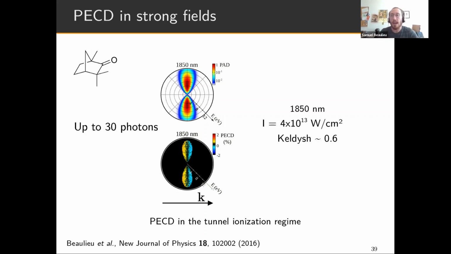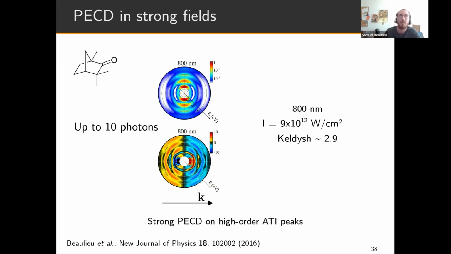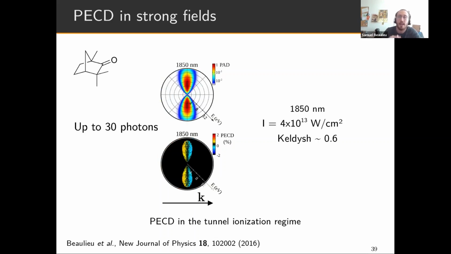Looking at the photoelectron circular dichroism, we can see it is much smaller. Before it was on the order of 10%, now it's on the order of 2%, so much smaller, but non-vanishing photoelectron circular dichroism, which is a clear signature of the breakdown of the strong field approximation here.